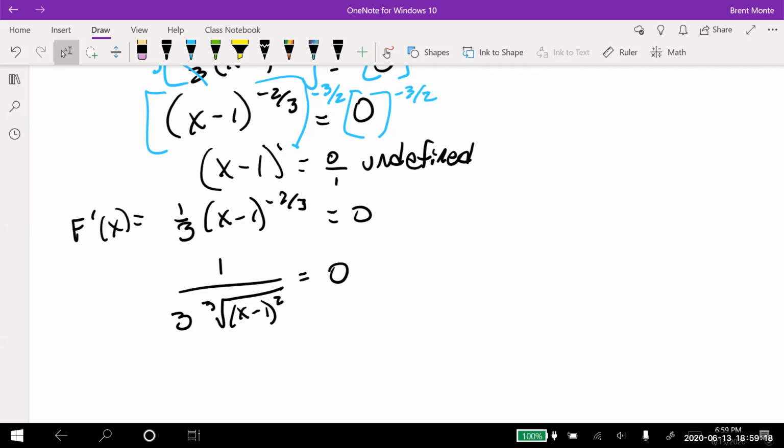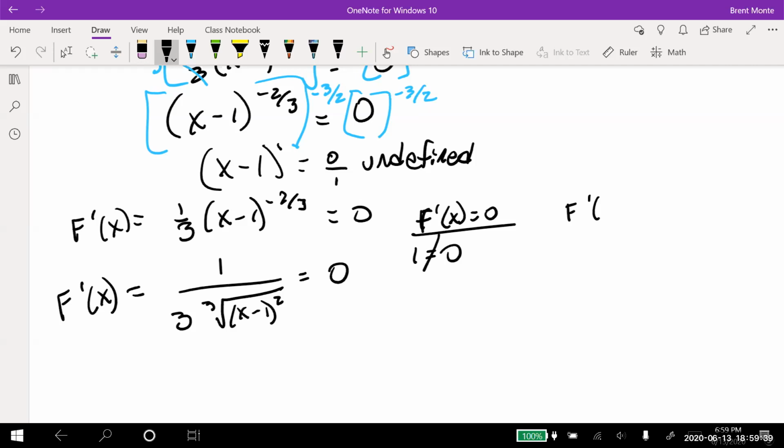And so the derivative is equal to 0 when the top is equal to 0. Well, 1 never equals 0. That doesn't give us a critical value. So f prime of x never equals 0 because the top doesn't equal 0.